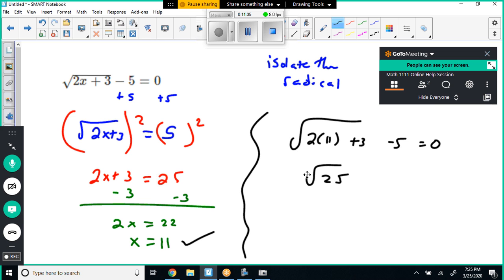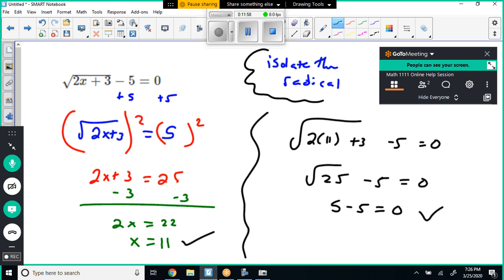So 5 minus 5 equals 0? Yes, it does. So 11 is a viable solution, and you have to check because it could possibly have an extraneous root, meaning an answer that you got but just doesn't satisfy the equation.